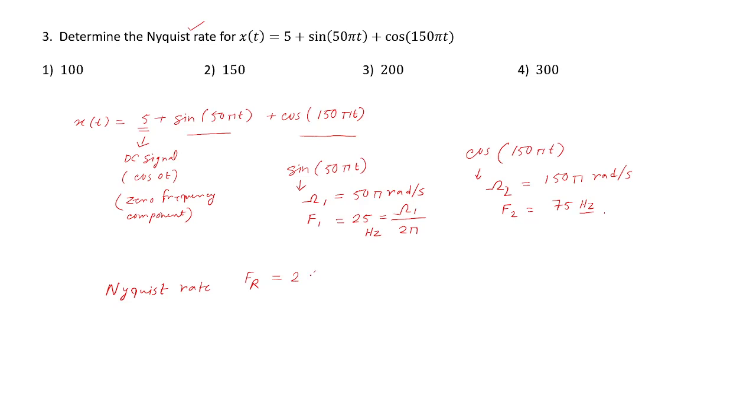It's twice the maximum of f1 comma f2, that is 2 times max of 25 and 75. Of course it is 2 times 75, so the answer is 150.